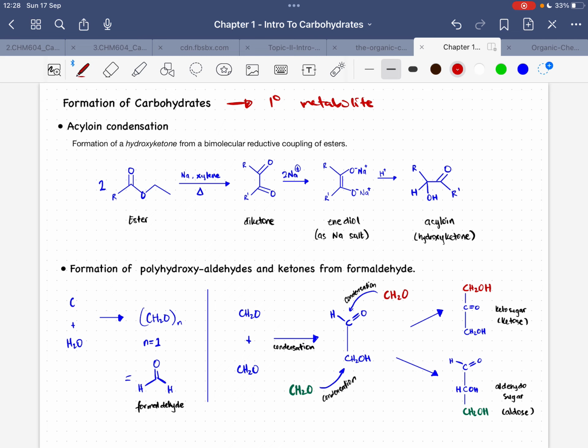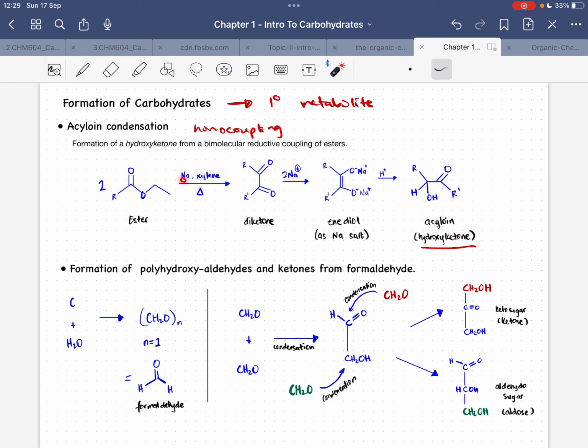It's an organic reaction that can only be done in the lab. In the acyloin condensation, there is homocoupling of two ester molecules. They couple to form an acyloin compound. An acyloin is a hydroxy ketone. Why hydroxy ketone? Because it has a hydroxyl group, and a ketone because it has a ketone functionality.